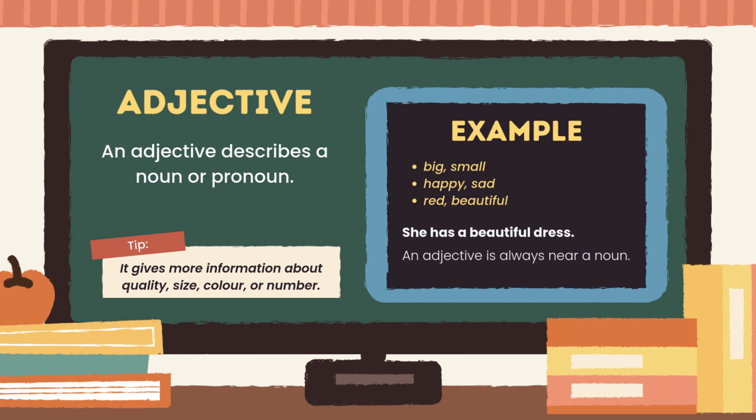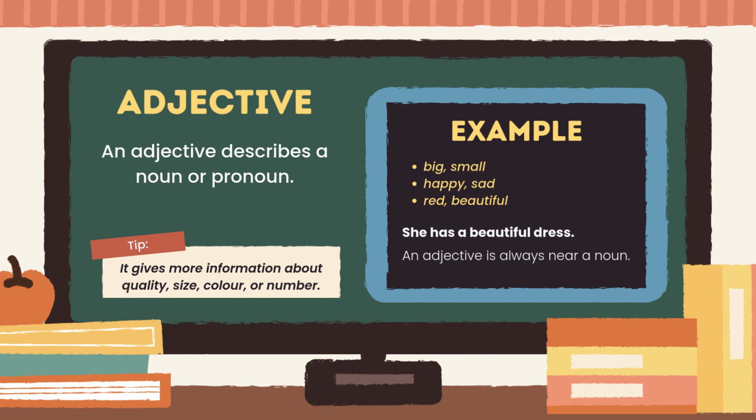Here, beautiful is an adjective which is coming next to the noun, which is dress. And she is a pronoun. Adjectives हमेशा noun के पास होते हैं. Adjectives give more information about quality, size, color or number.